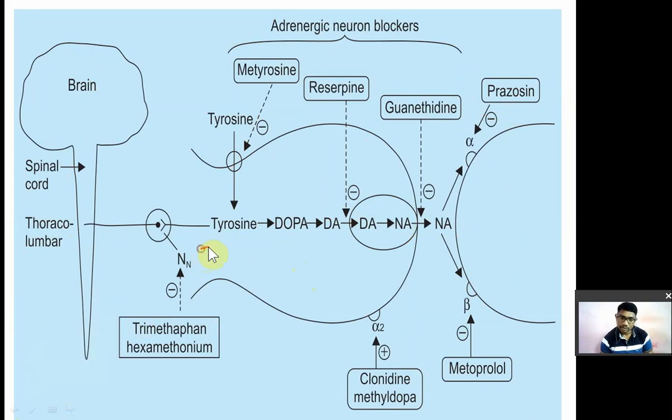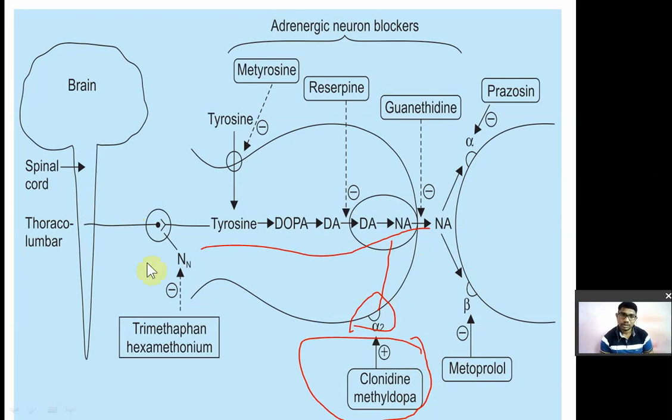The presynaptic central alpha 2 receptor will regulate the release of noradrenaline by a negative feedback mechanism. So you can prevent this release by using a central alpha 2 agonist, that is nothing but methyldopa and clonidine. मैंने पहले जैसे बोला है आपको.